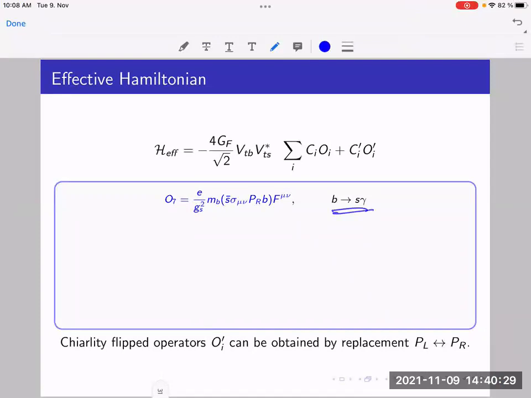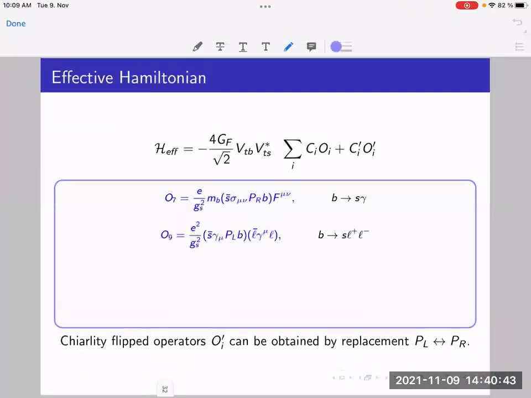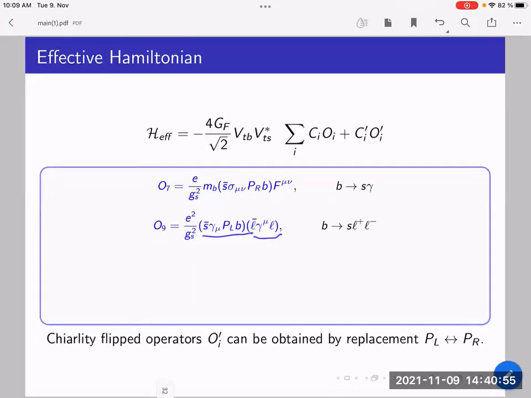So there is no hope that this structure could help us explain these anomalies, because these are already severely constrained by B to Sγ. Then you have O9. O9 basically has a left-handed V-A structure in the quark sector and a vector in the lepton sector, l̄ γμ l, and this operator in particular can contribute significantly to B to S l+l- modes.